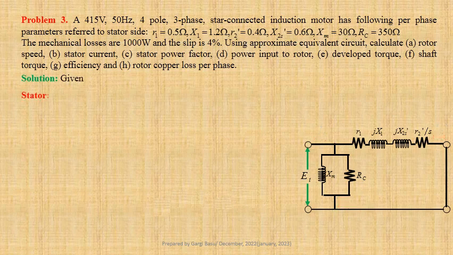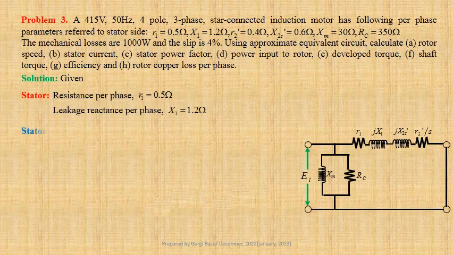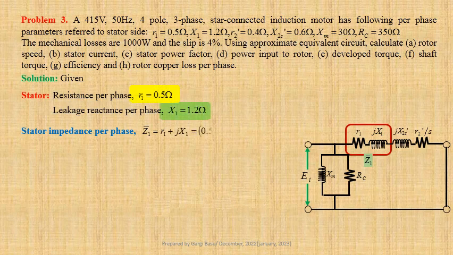For stator winding, resistance per phase R1 equals 0.5 ohm and leakage reactance per phase X1 equals 1.2 ohm. Expression for stator impedance per phase Z1 equals R1 plus jX1 equals 0.5 plus j1.2 ohm.